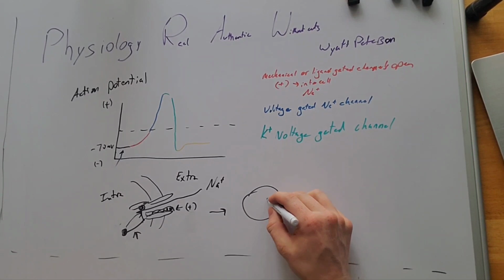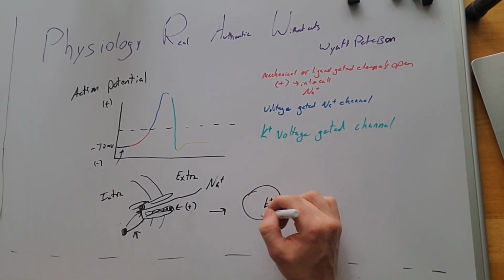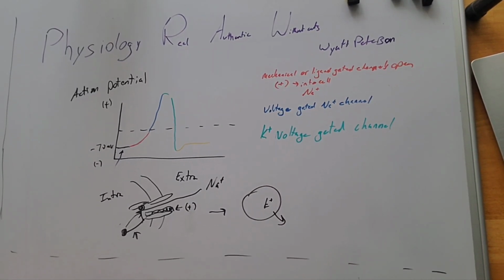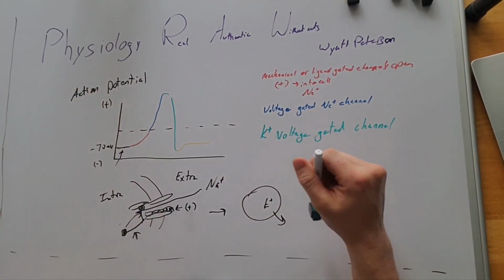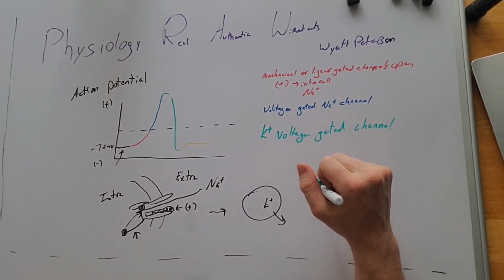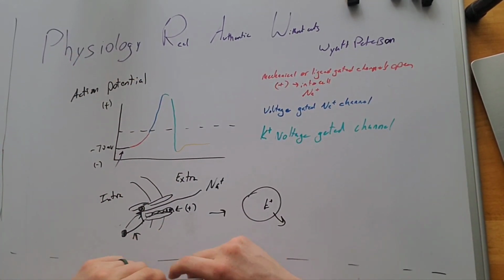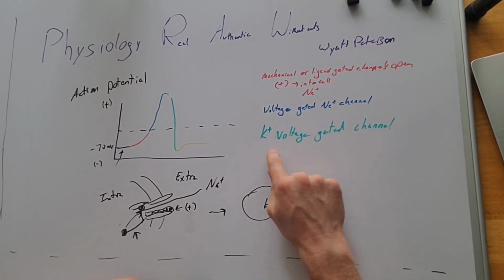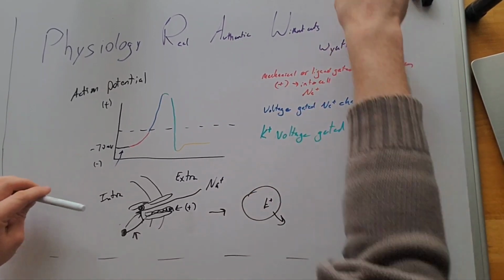Potassium wants to go out of the cell, and that in turn will make the cell more negative. And so it goes negative, and then it even gets to the point where it goes hyper negative, or hyperpolarized. So it shoots down, and then those will close back up because the positive charge inside of the cell goes away.